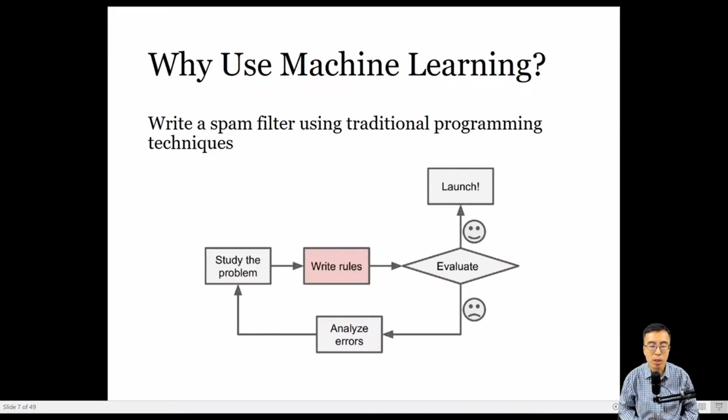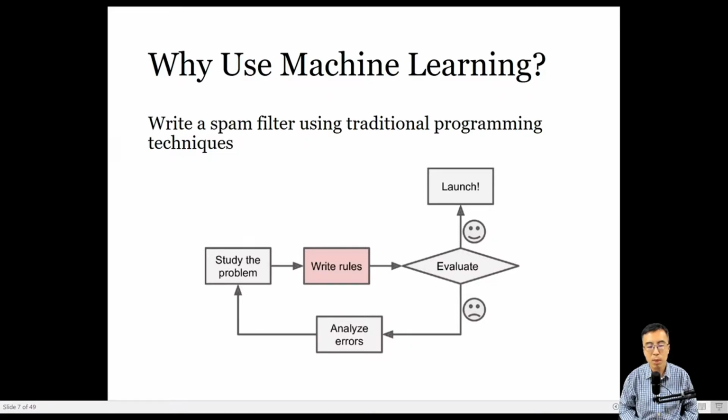Why use machine learning? Well, here is another example. Consider that we want to write a spam filter using the traditional programming techniques. We have to come up with some explicit rules to differentiate regular emails from spam or junk emails.